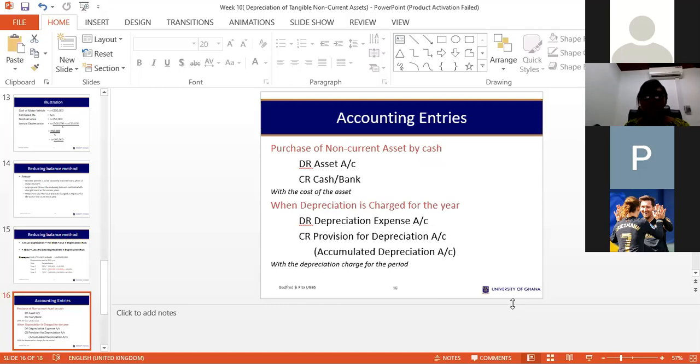Now when we charge the depreciation for the year, we open a new account known as the depreciation expense account. What balance do expenses have, debit or credit?